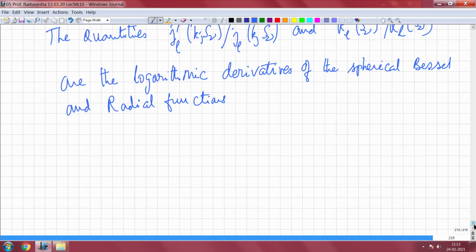Once these are evaluated, you have the matrix element M ij, which is then simply given by H ij plus S ij minus E delta ij, and this I have already shown you. Let me write it down again, just for the sake of completeness.